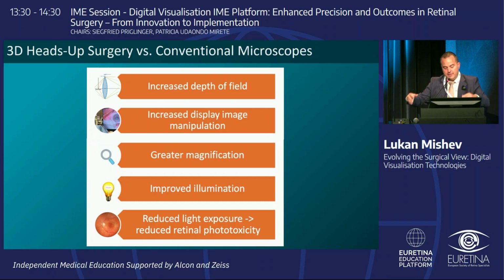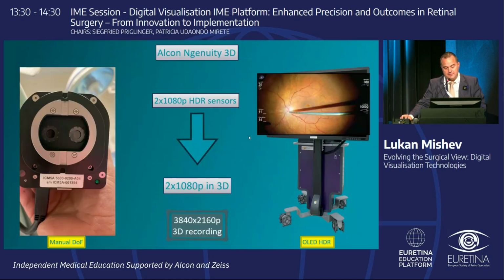And last but not least, from a clinical point of view, there is an option to reduce the light exposure because of the high sensitivity of the digital systems, hence to reduce the retinal phototoxicity that we might induce with different light sources. So this is the first example, our Ingenuity system.